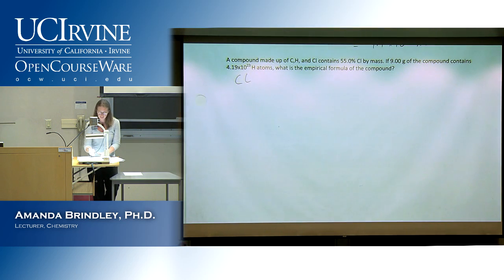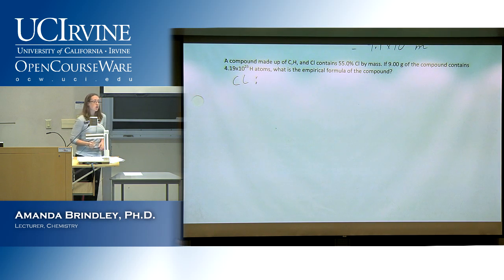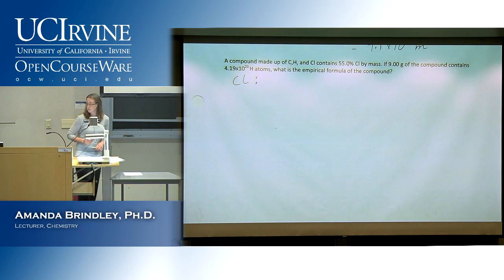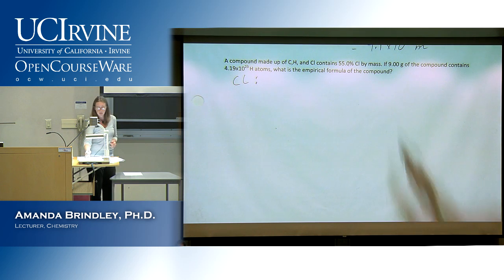So with chlorine, I tell you that it's 55% by mass. We've done a lot of these where we've just started with assuming a 100-gram sample. We don't want to do that here because of the way that the hydrogen was written in. It was written in as the number of atoms. So we want to just go ahead and go with the sample that we have.